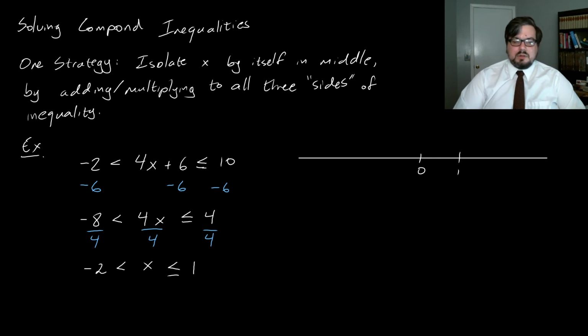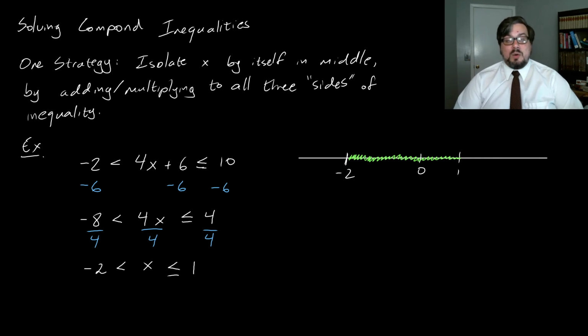So 0, 1, -2 over here. So first of all, we want to include all numbers that are greater than -2 and less than 1. So we're certainly going to include all these numbers here. And now for each of our endpoints, we ask, would putting that endpoint into our compound inequality give us a true statement or not?